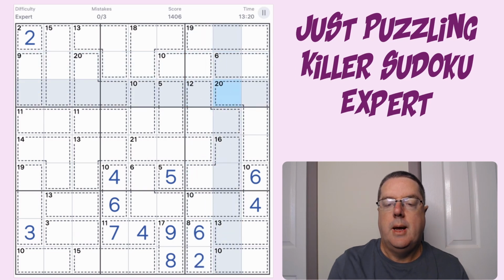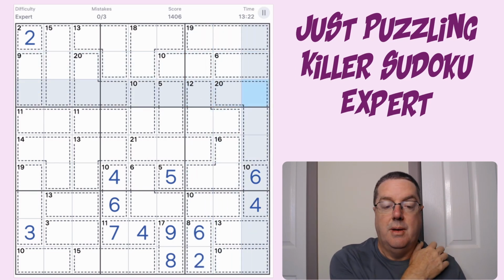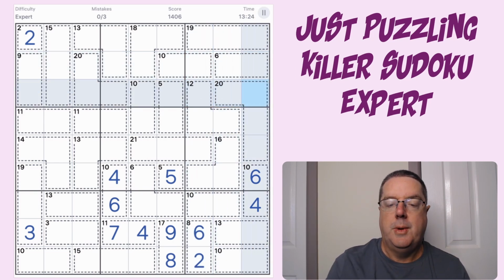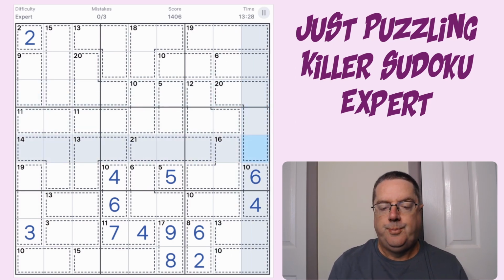So 2 can't be there, 2 can be there, so that doesn't help me. I thought that was going to be a 3 box one, but it's actually a 4. 7 and 9.